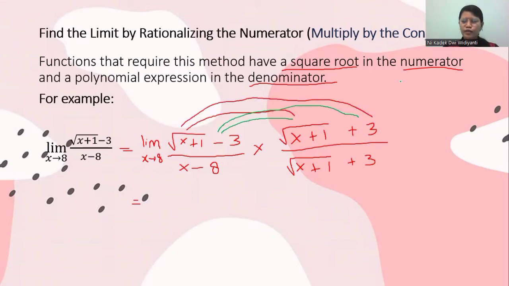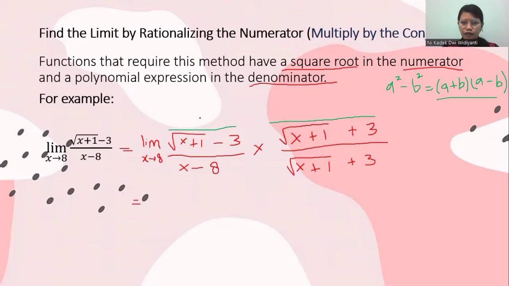Remember the exponent formula. In the exponent, we have a squared minus b squared equals a plus b multiplied by the quantity of a minus b.